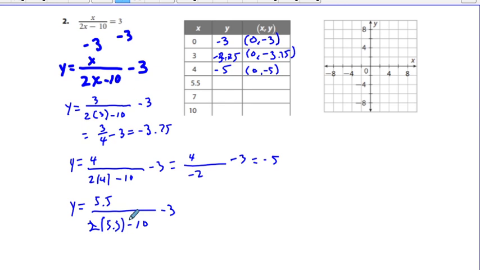So 2 times 5.5, that's going to be 11. 11 minus 10 is 1. 5.5 over 1 minus 3, we're going to get 2.5.